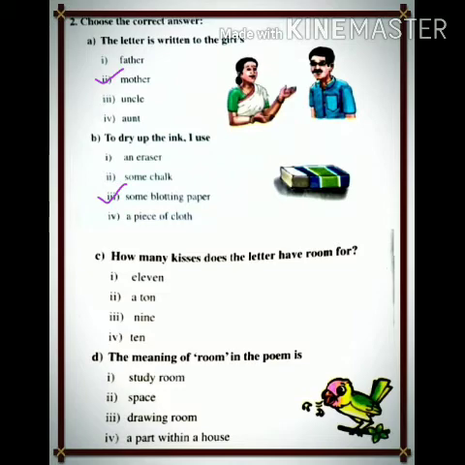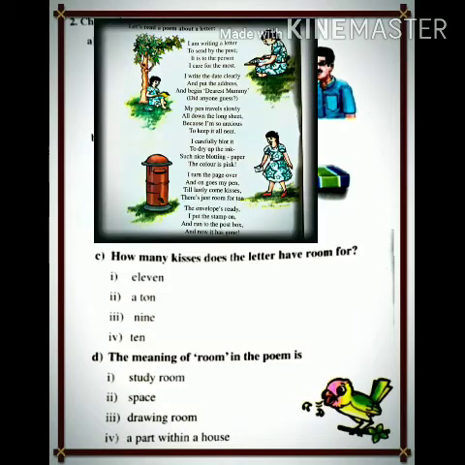Question C. How many kisses does the letter have room for? Options are 11, 8, 9, 10. Let's find out the answer from the poem. Look at the fifth stanza. I turn the page over and on goes my pen, till lastly come kisses.